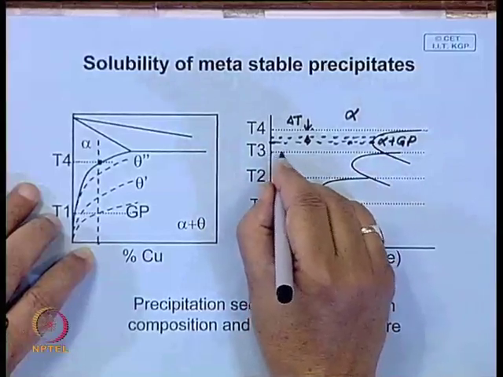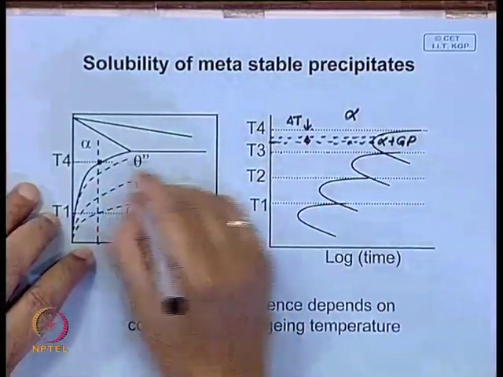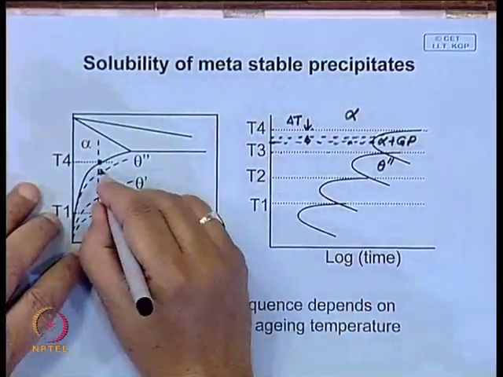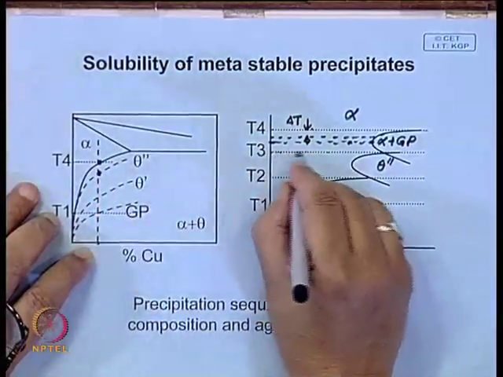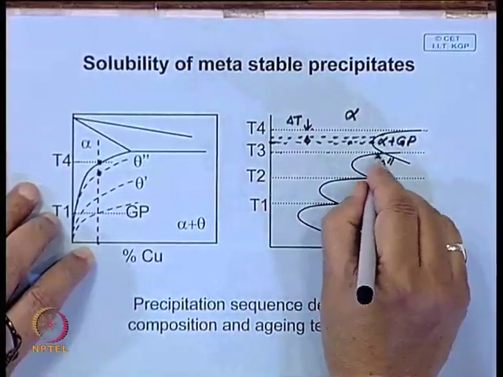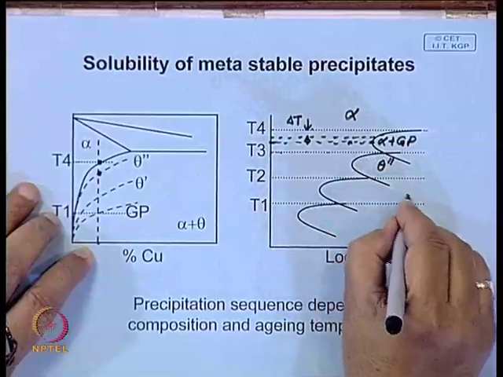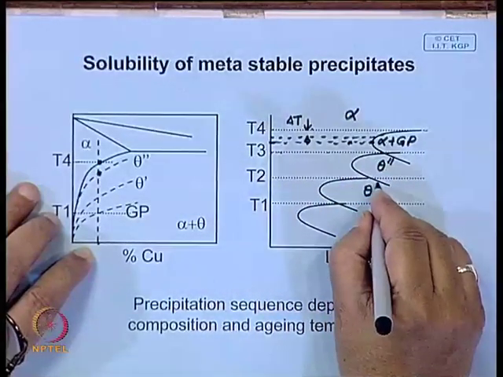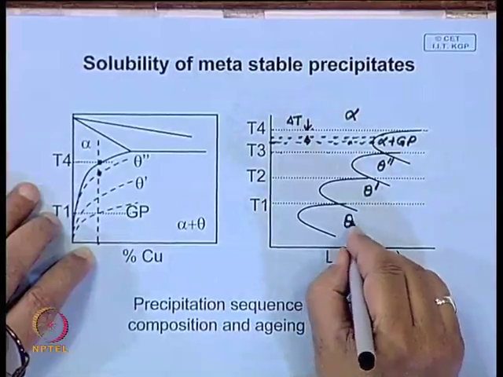Similarly, the second precipitate, theta double prime, will try to form when this solvus line is crossed. So, this is the solvus line. This also will have a C shaped nature, and this is theta prime and this is theta.